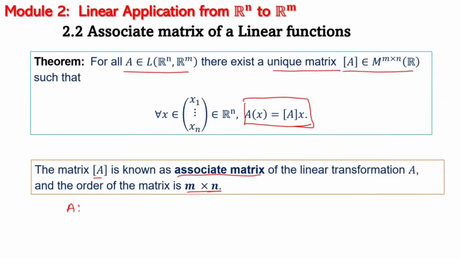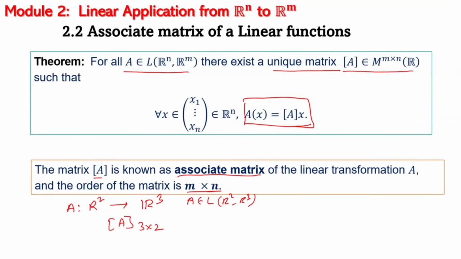So if A is from R2 to R3 and A belongs to L, R2 to R3, meaning linear, then the matrix A will be 3 by 2.